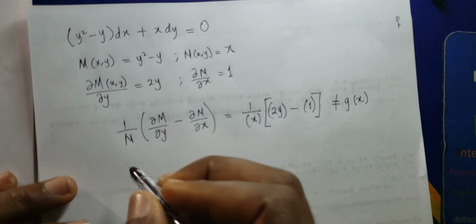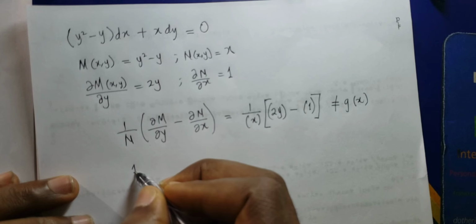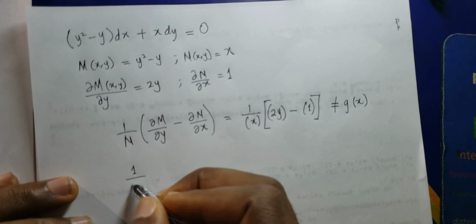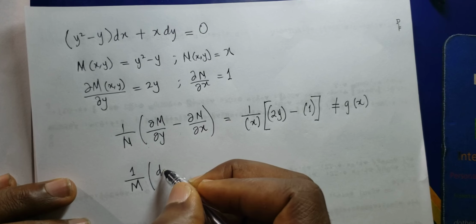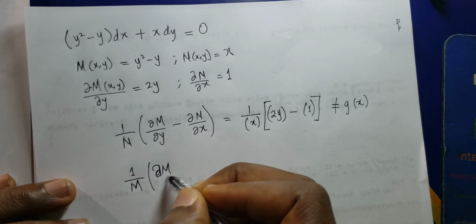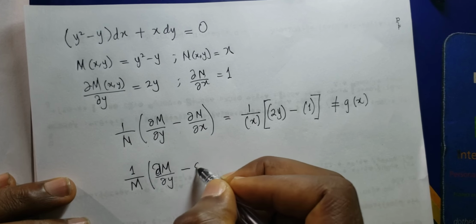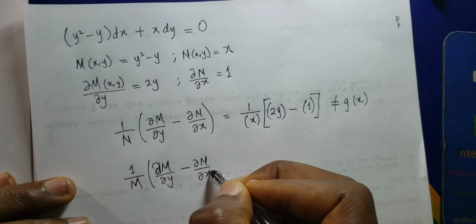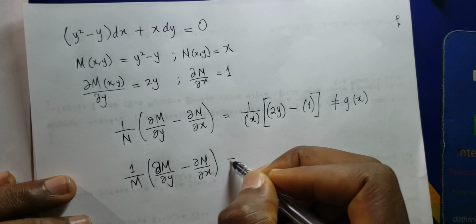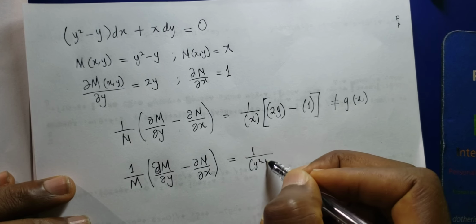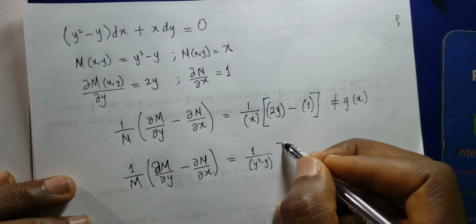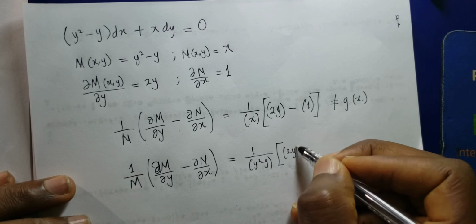The next one says what if we divide by M? So that's going to be 1 over M into del M del y minus del N del x. Let's check what that's going to give us. That's going to be 1 over y squared minus y into 2y minus 1 as before.